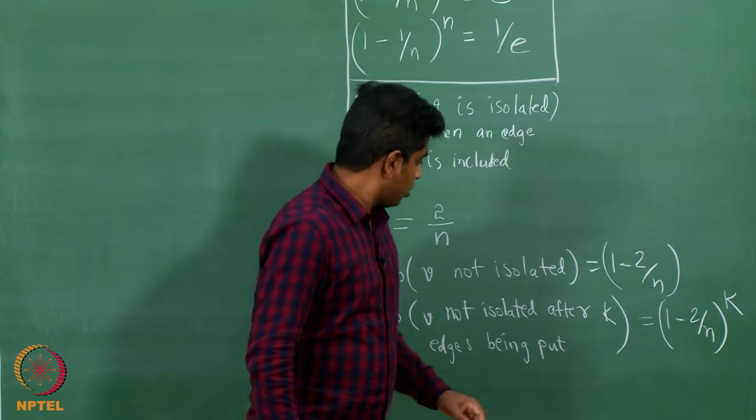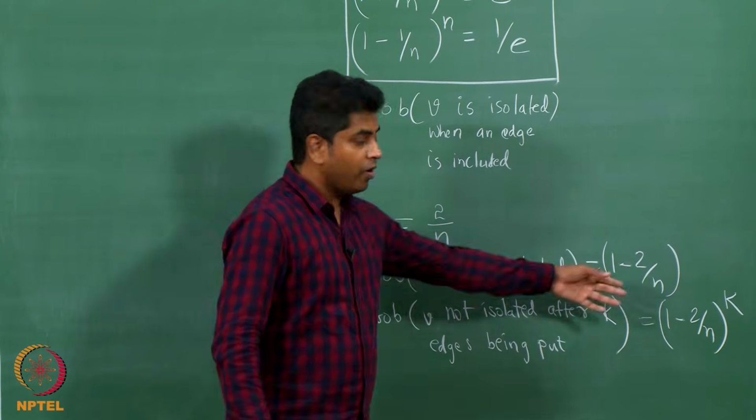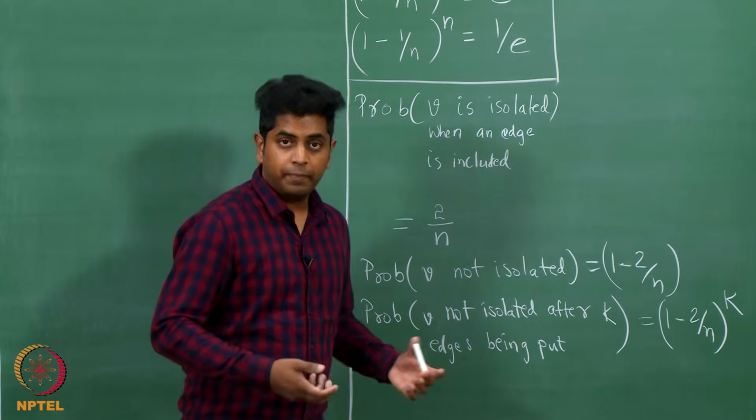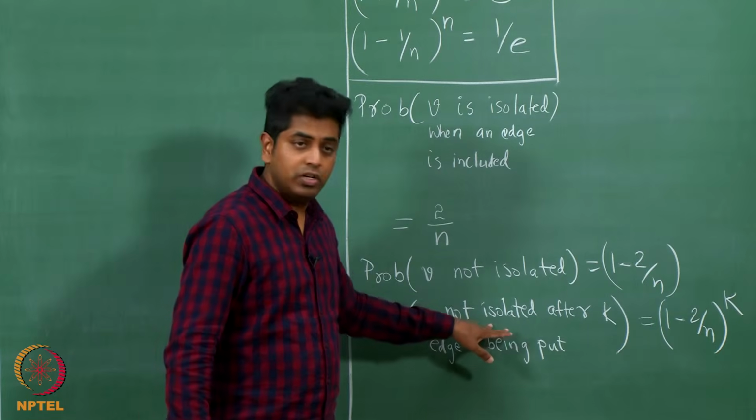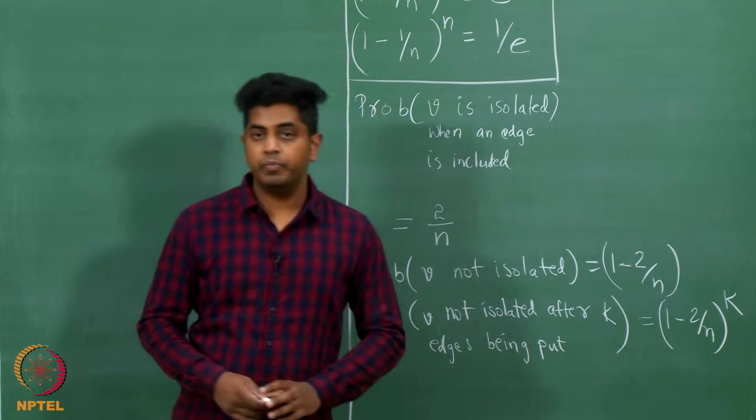So we saw that the probability is (1 - 2/n)^k, the probability of V not being isolated after k edges being put.